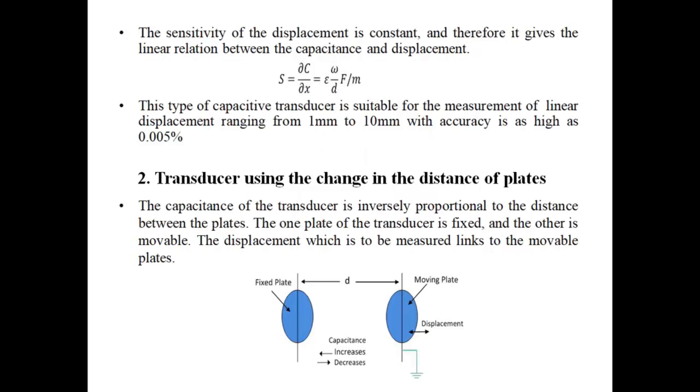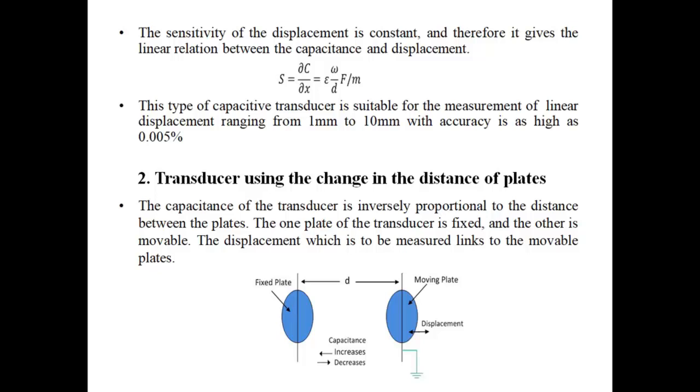The second method is a transducer using a change in the distance of the plates. In the earlier method, we were changing the position of the plates with respect to each other in terms of the overlapping area. Now we keep the overlapping area constant, and the moving element is connected to one of the plates, so the displacement takes place in terms of the distance between the two plates.